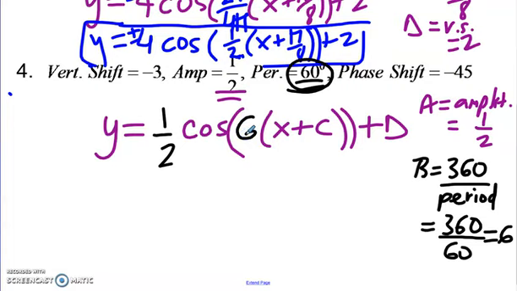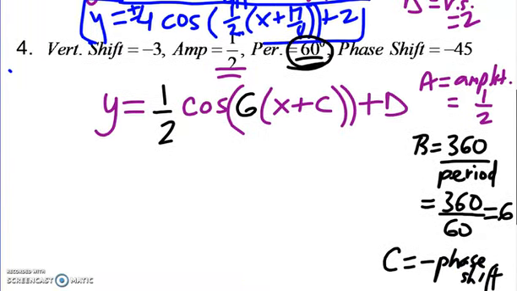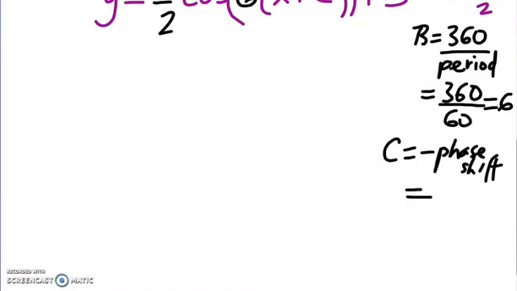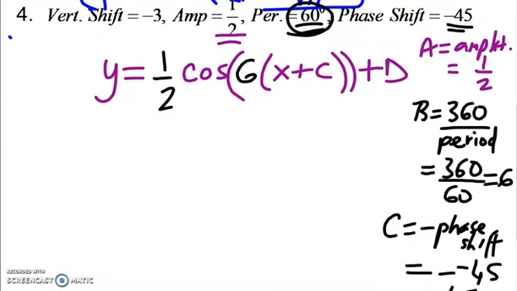Then for my c value is equal to negative of my phase shift. So the phase shift that's given in this problem is negative 45. So negative 45, negative is a positive, so this is 45 degrees. So that is 45.